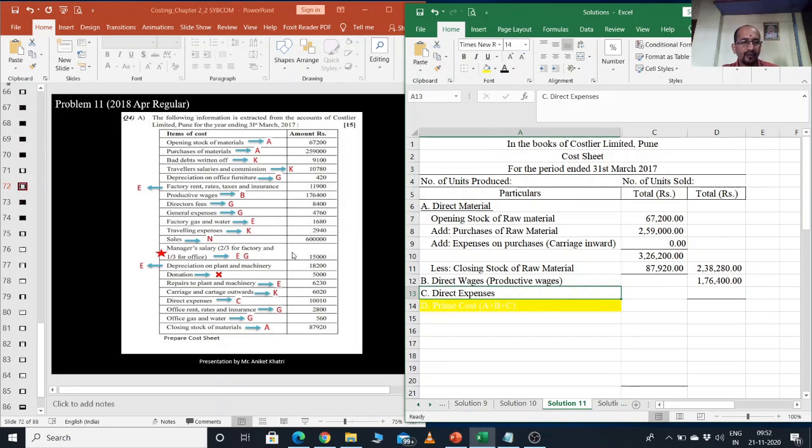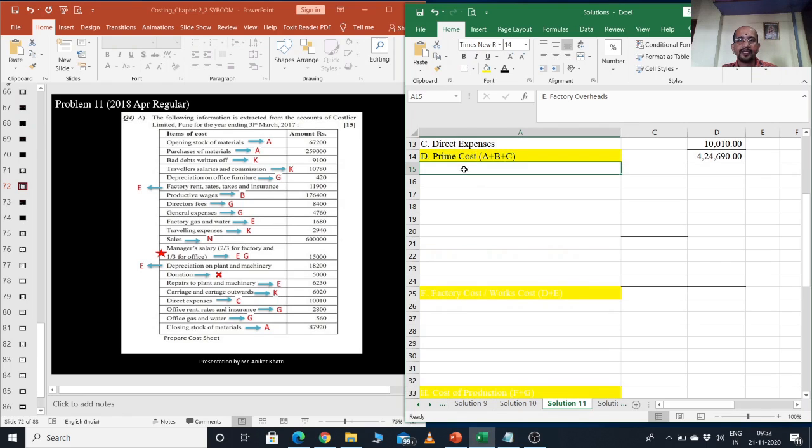Here they have already mentioned direct expenses, 10,010 is the amount. Do the total. It is 4,24,690 and this is our prime cost, A plus B plus C items.